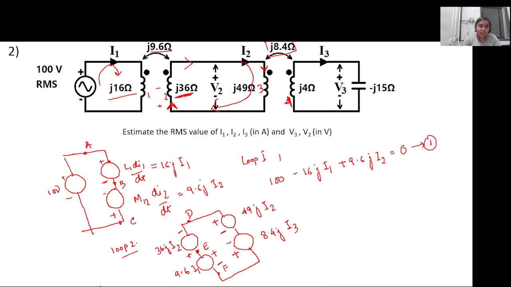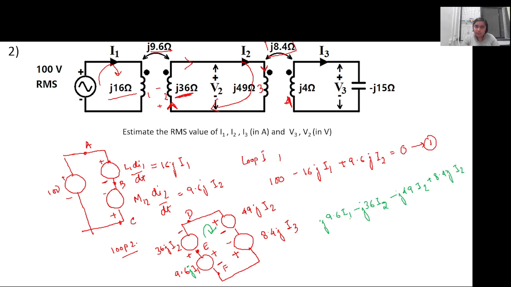So now we write KVL in this particular loop. It is 9.6 I1 minus 36 I2, then minus 49 I2, so there will be j with each of them, then plus 8.4j I3.